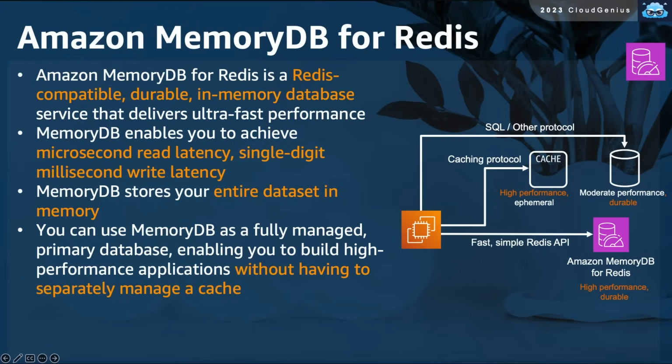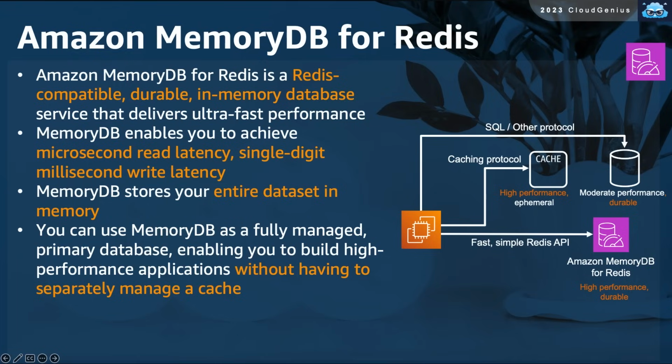It enables microsecond read latency, allowing your applications to access data with incredible speed. In addition, write operations exhibit millisecond latency. This means that data updates and changes are processed swiftly, ensuring your applications can handle high-throughput workloads efficiently.